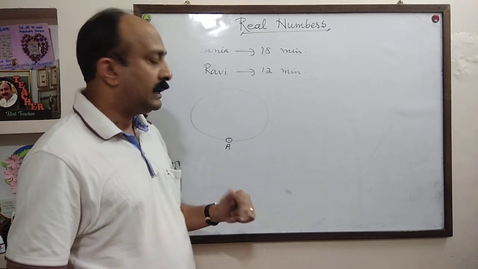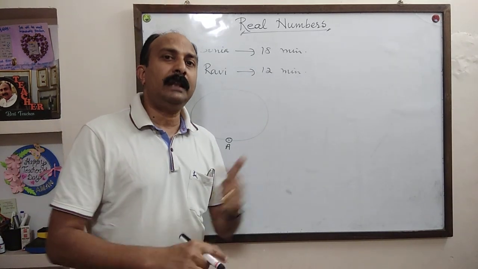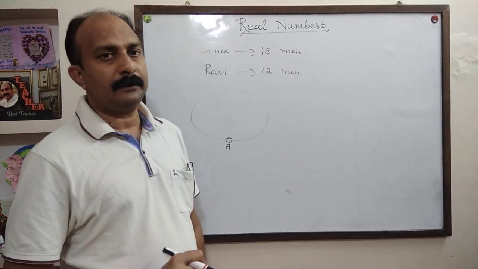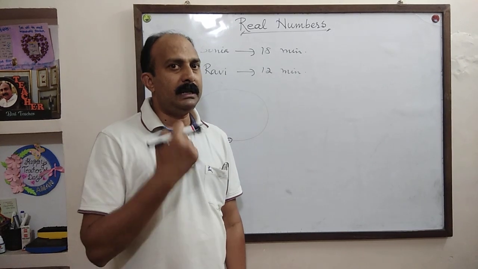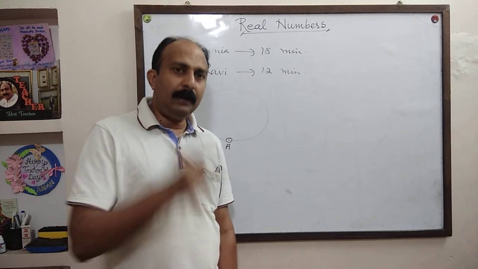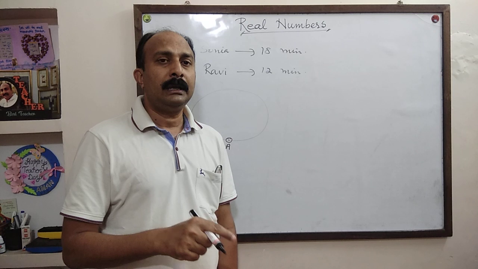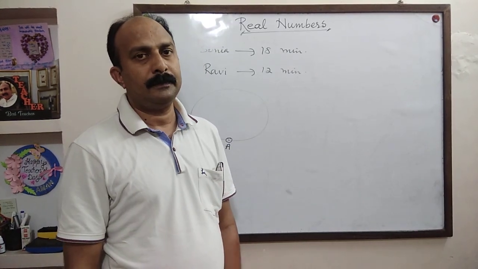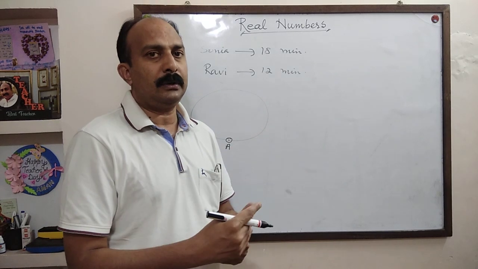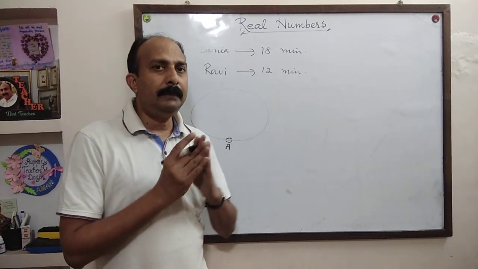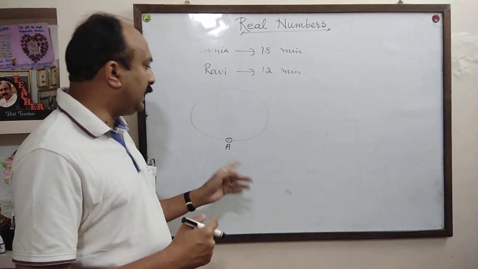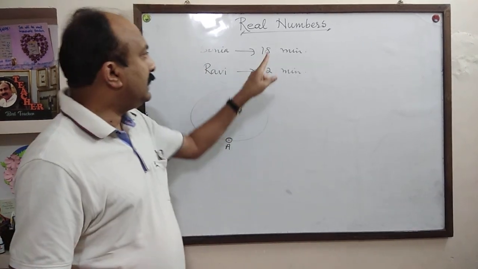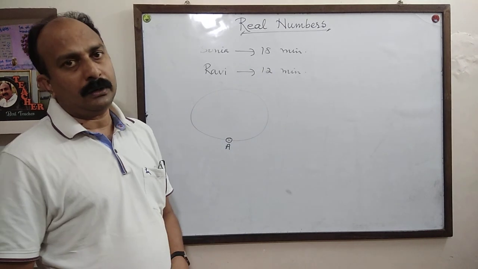But the question is, when will they meet again the very next time? That is called the least common multiple. They will meet again in all the common multiples of 18 and 12, but they will meet at the starting point for the very next time at the LCM of 18 and 12.